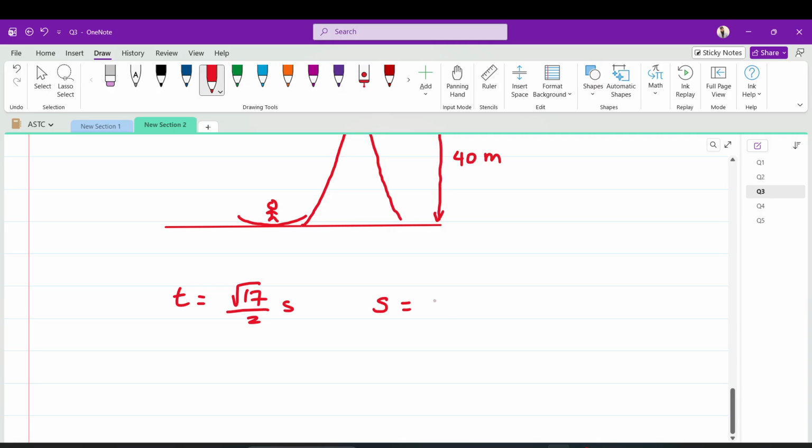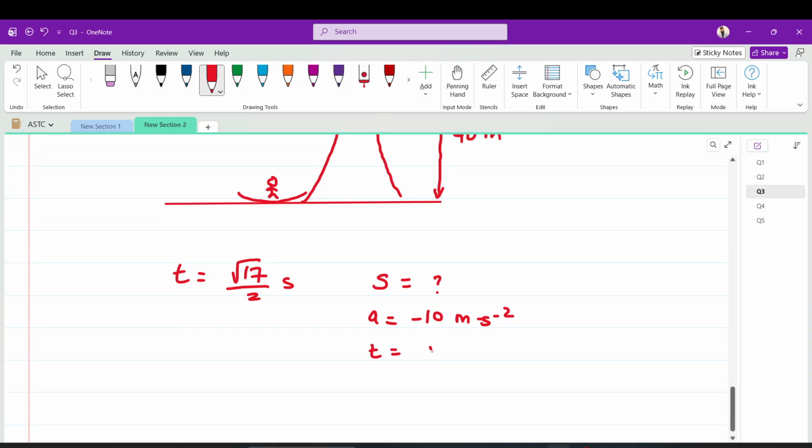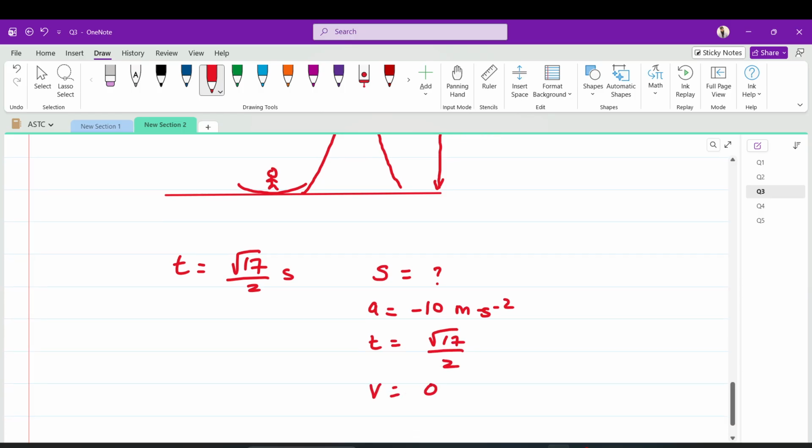S is what we need to find, right? U we don't know. We know that A is minus 10 meters per second square. We know that T is going to be root 17 upon 2. And we know that V is equal to 0 meters per second, because we are talking about the maximum height.